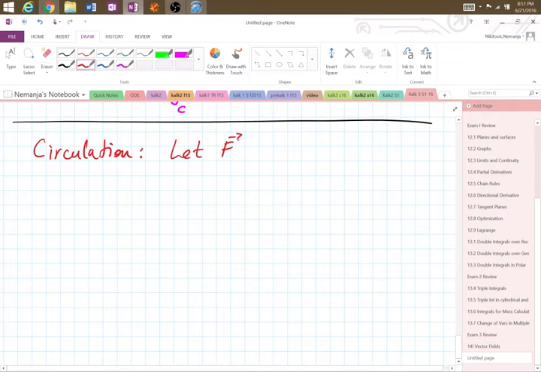Let F be a continuous vector field. That's the VF, the vector field.